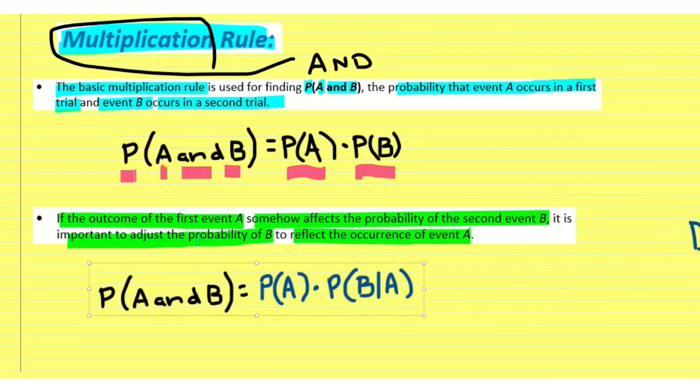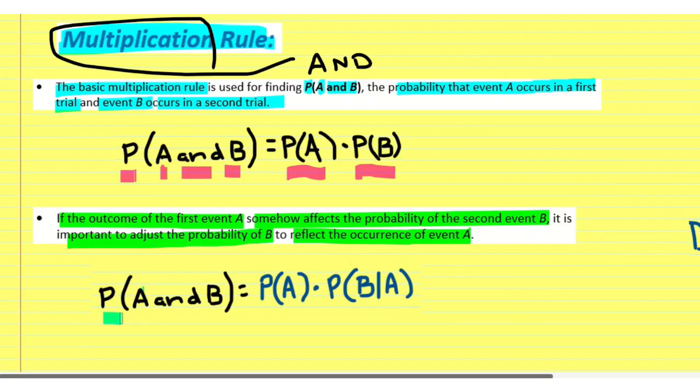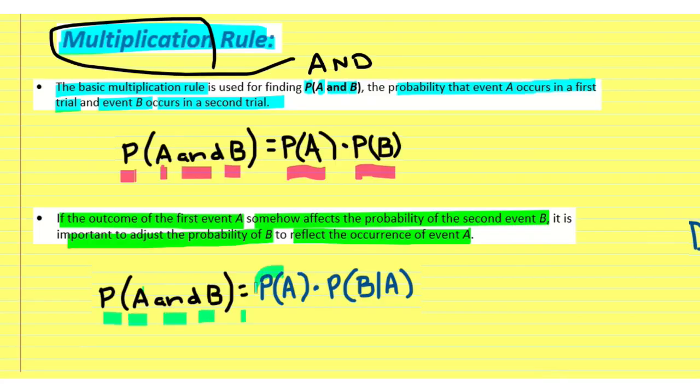And this is how we would show that equation. The probability of A and B is equal to, again, the probability of A, except now it's being multiplied by the probability of B given A. So this piece of our equation reflects the fact that something is going to change. The total number is going to change in the second probability.